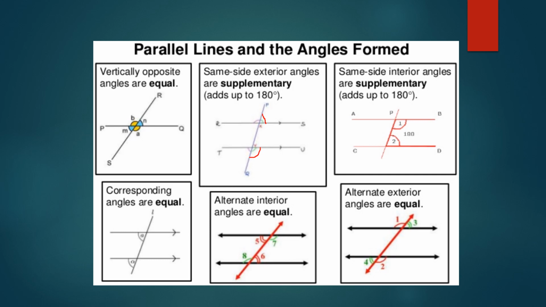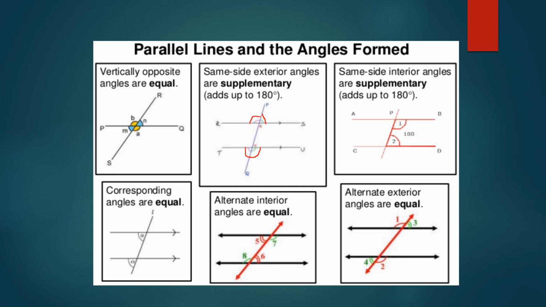So these are the same side exterior angles which are supplementary to each other. Similarly, when this angle is added to this angle, they are also same side exterior angles, so their sum will be equal to 180 degrees.